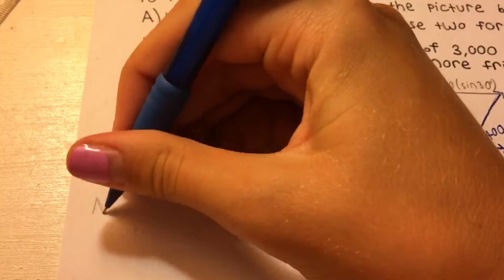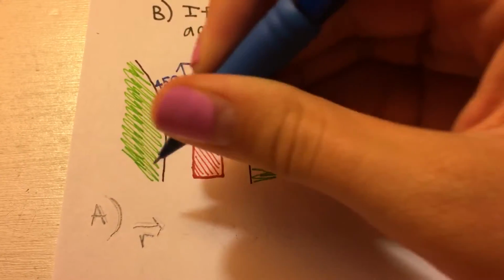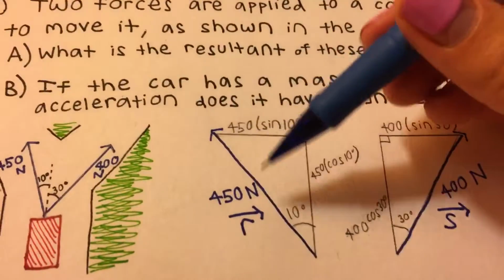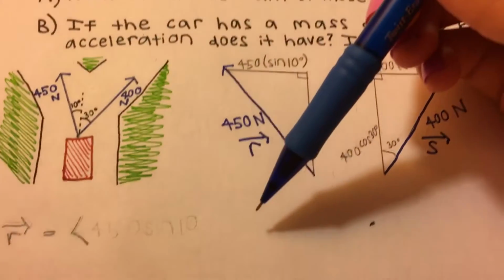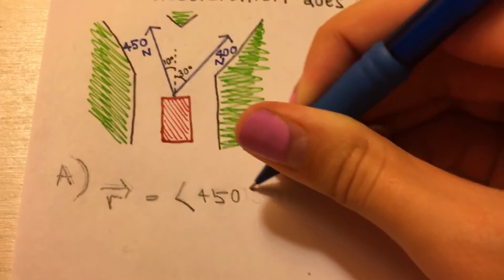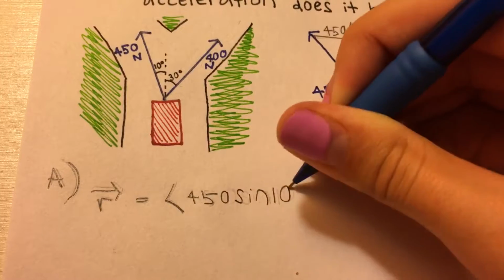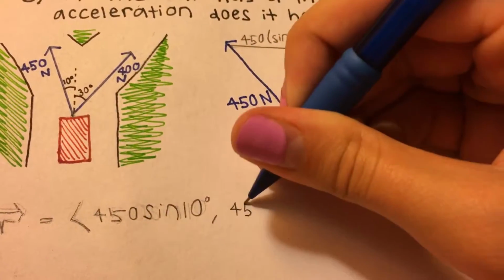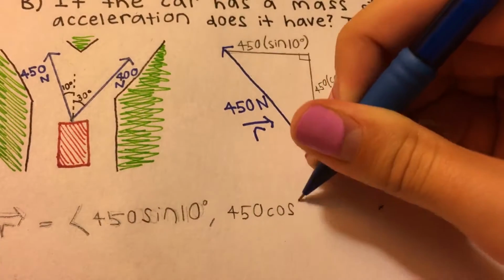So this is going to be A, and first we're going to find R. So R equals, we put the x and y components, so the x component is 450 sine 10, and the y component is 450 cosine 10.